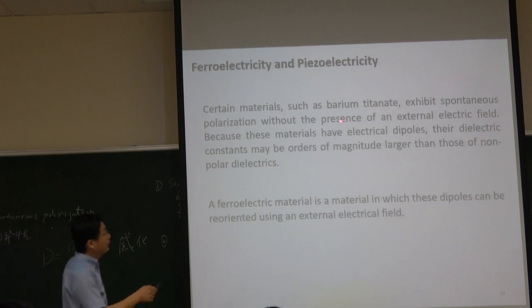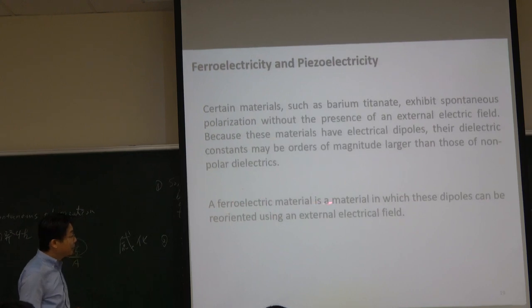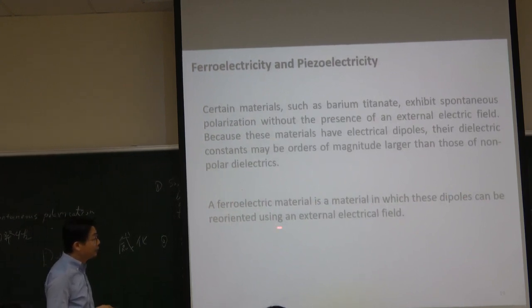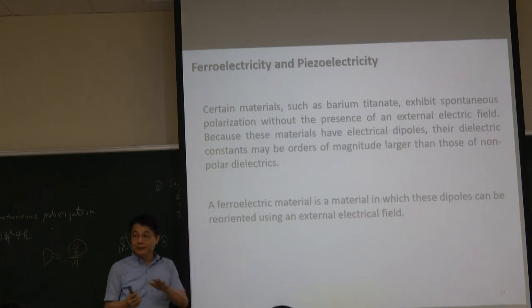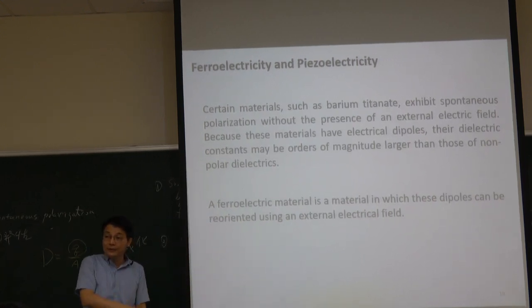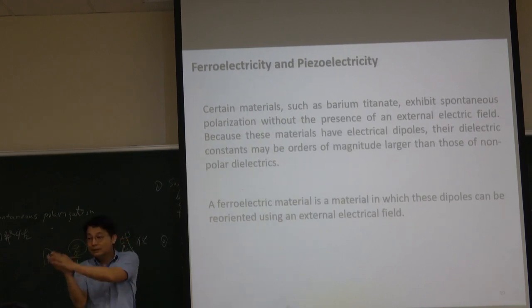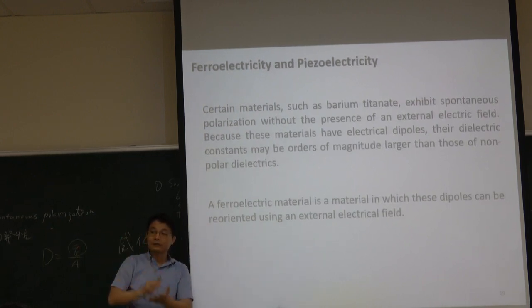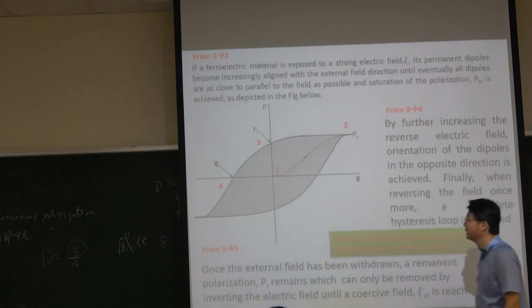That's why BaTiO3 has a higher dielectric constant. Ferroelectrical is a material in which the dipole can be reoriented using an external electric field, right? So if you apply an external electric field, the orientation can be reoriented to any direction that aligns to the external field.